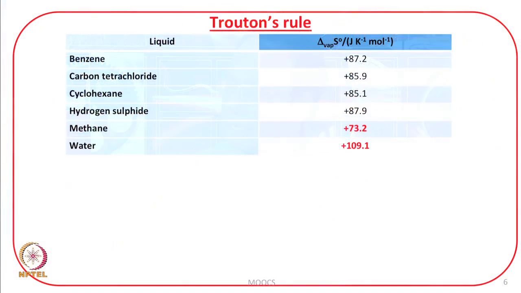Let us take a look at this table. In this table, the values of entropy of vaporization for several liquids are given. And if we notice in the first 4 rows, the value is approximately near 85 joules per Kelvin per mole.